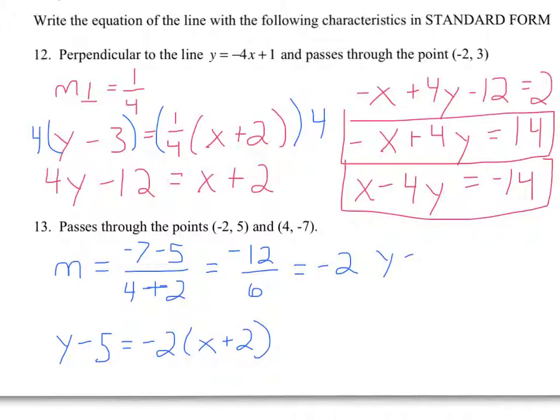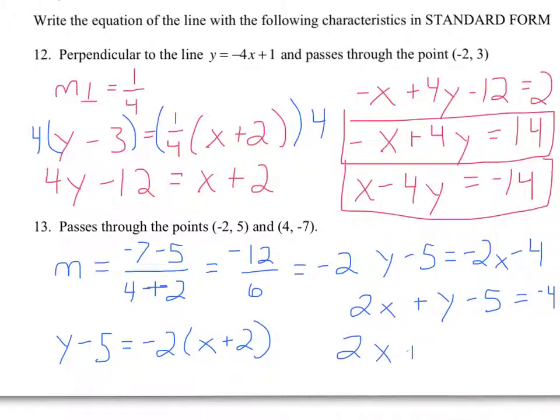So I have y minus 5 equals negative 2x minus 4. And then I'm going to add the 2x to the other side. So 2x plus y minus 5 equals negative 4. And then I'm going to add the 5 to the other side. So I have 2x plus y equals 1. And that will be my final answer in standard form.